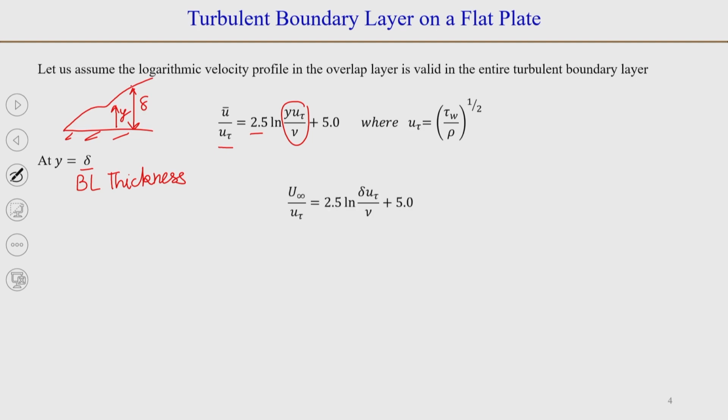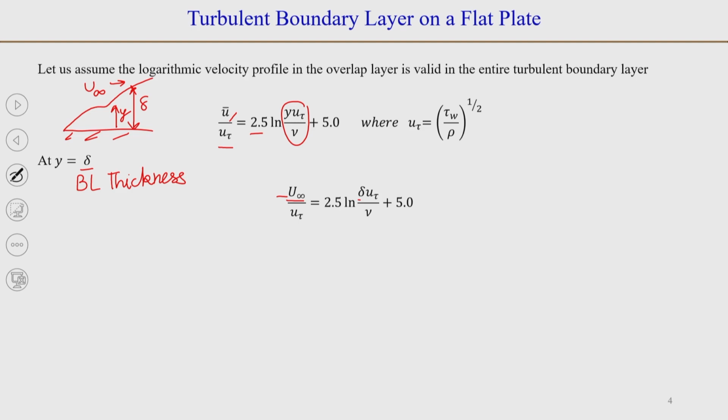So, at this region, at this point, if the free stream velocity is u infinity, then u bar will be equal to u infinity. So, we can write this equation, we can substitute u bar or mean velocity equal to u infinity and y equal to delta. Okay.